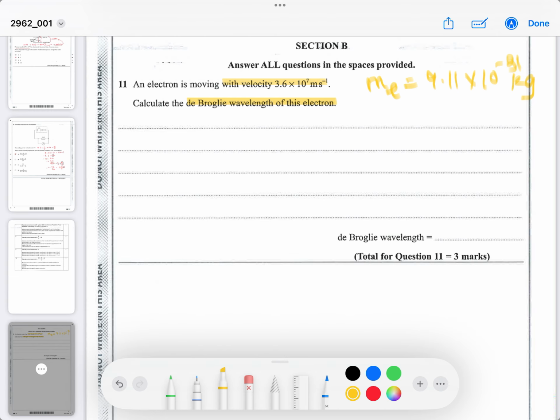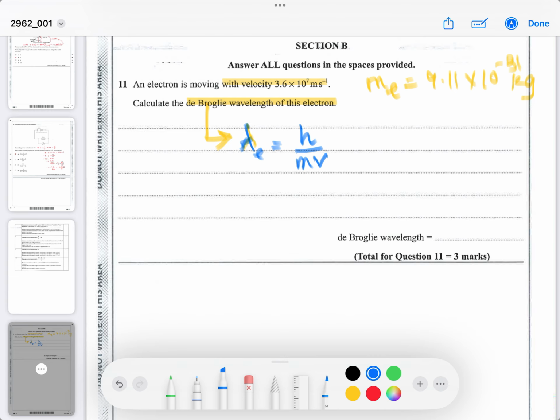Okay? Once you know the mass of the electron, you can use the de Broglie equation for lambda. Lambda for the electron will be h, which is Planck's constant, which is also on the data sheet, divided by the momentum of the electrons.